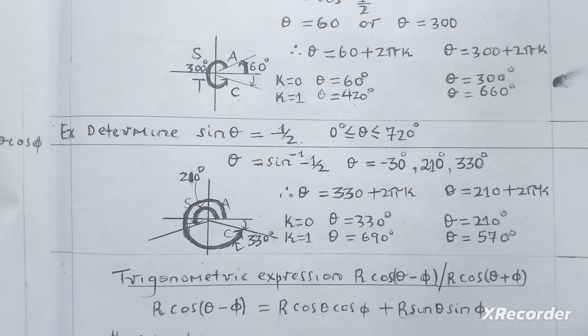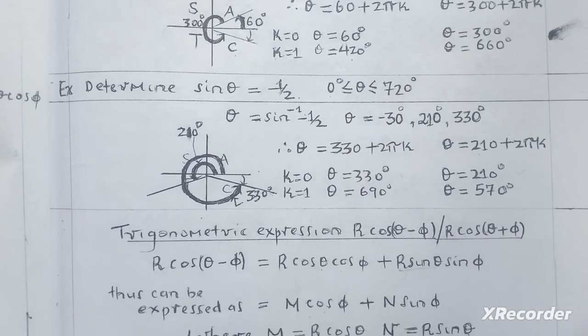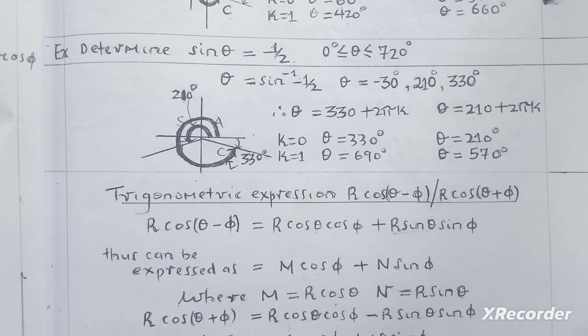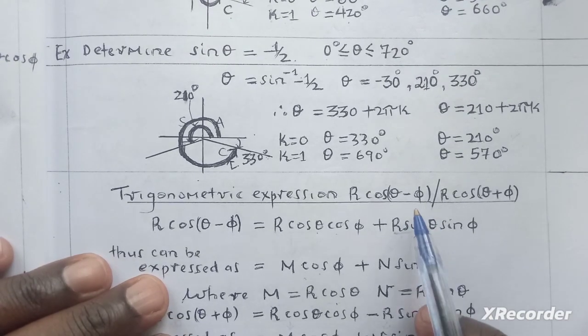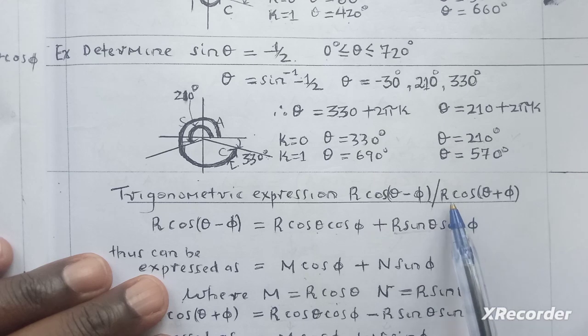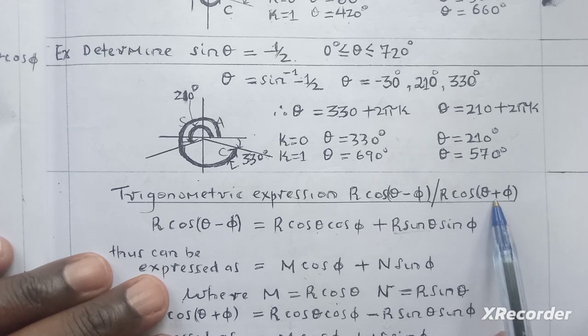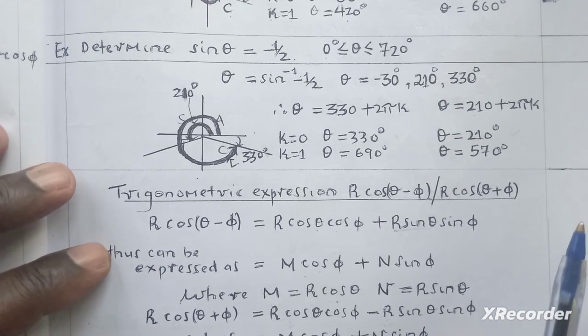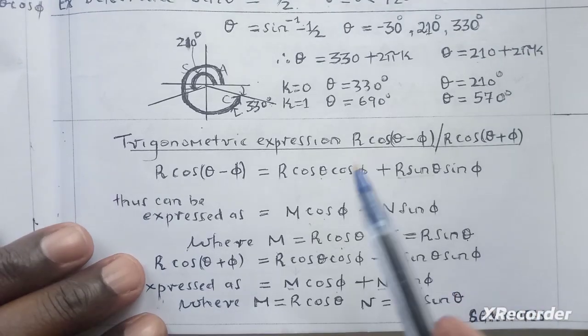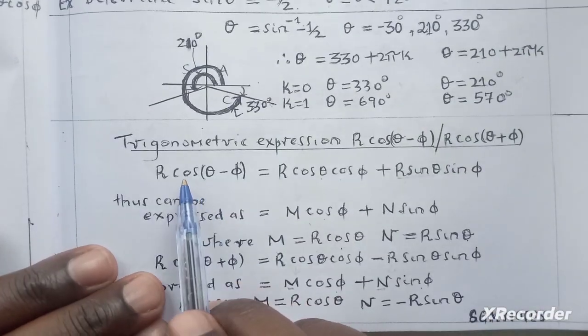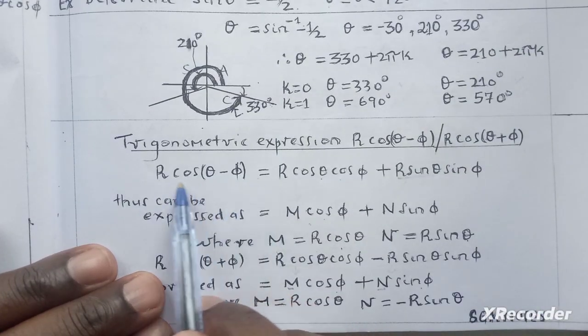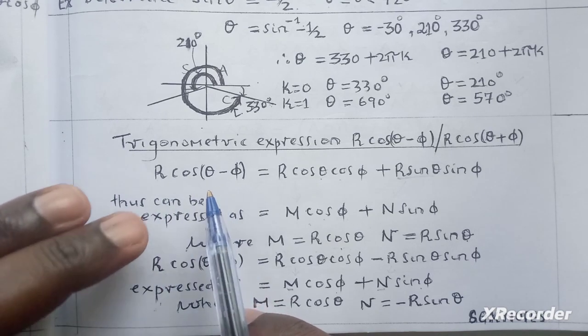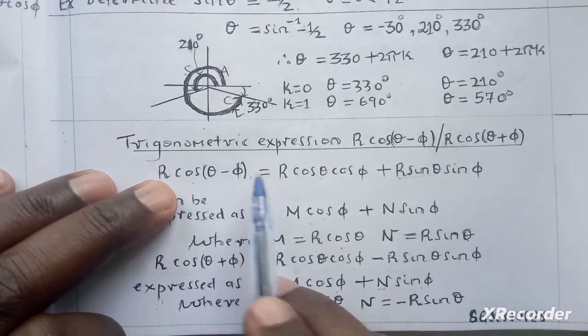Then we come to what we call the trigonometric expression r cos theta minus phi, and then we also have r cos theta plus phi. So for this one, I'll just demonstrate it to you. If you expand, this is actually compound angles. You are supposed to get this.